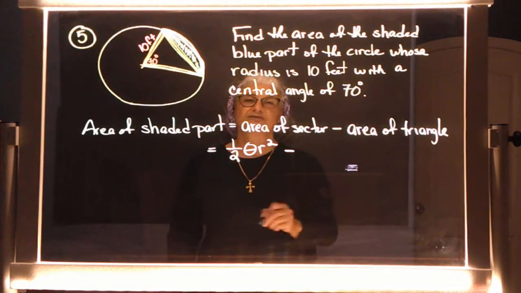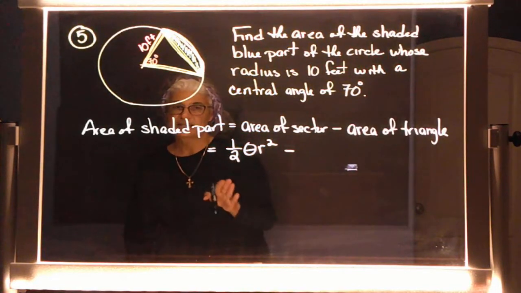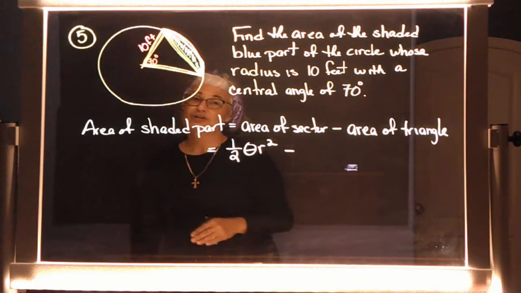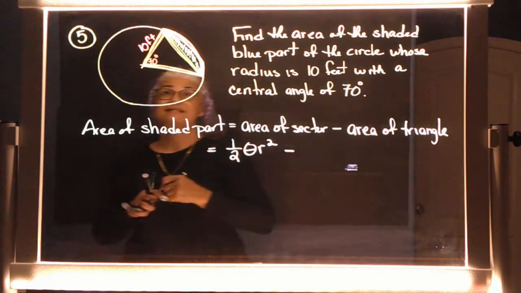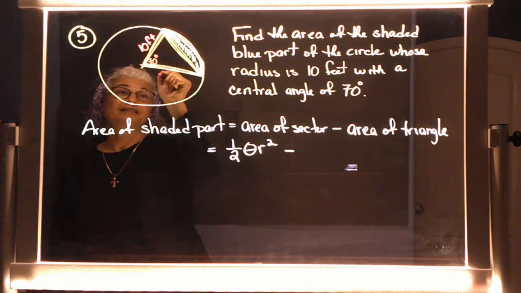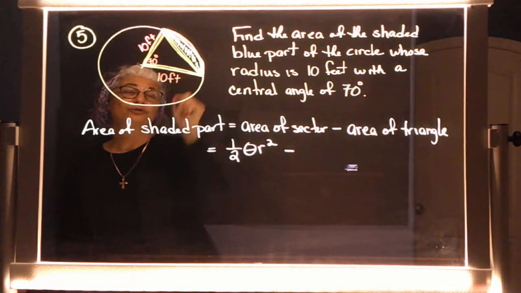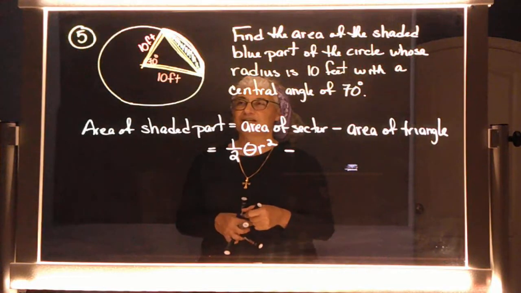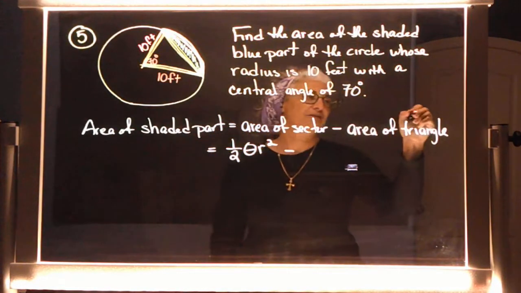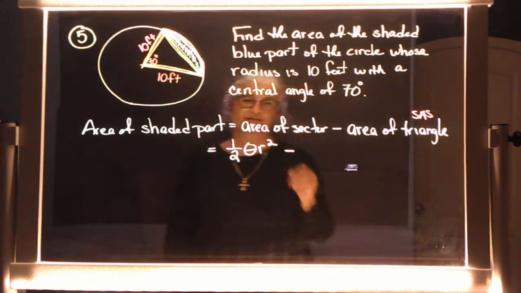Area of the triangle. Now, I've got to see what kind of triangle they gave me, because it's clearly not a right triangle since that's 70 degrees. But since the radius is 10 feet, isn't this side of the triangle also 10 feet? So notice what they gave me. This triangle is a side angle side triangle, isn't it?